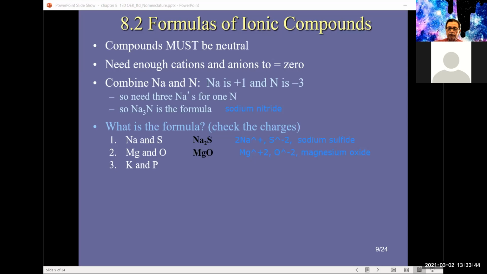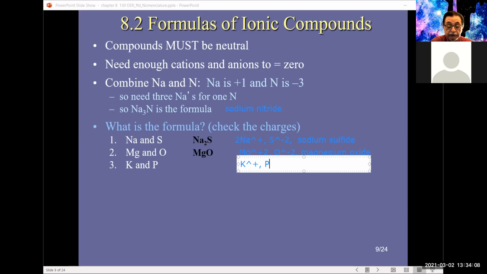Okay, next one. Potassium and phosphorus. Same thing. Potassium is in group 1, so we know that it will have a +1 charge. Phosphorus is in group 5.